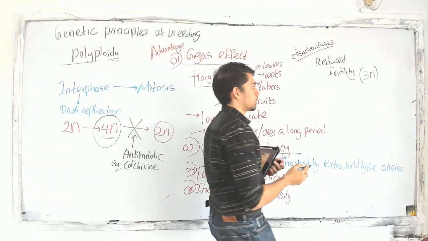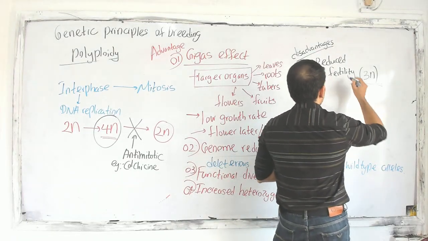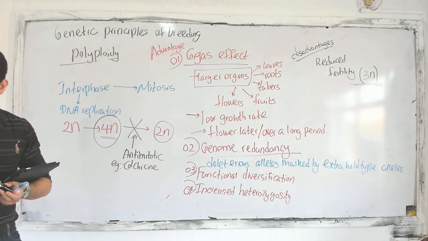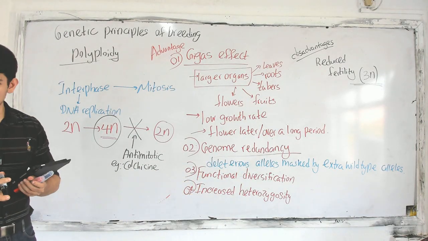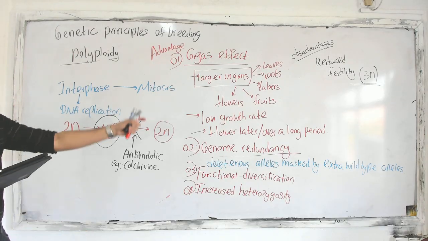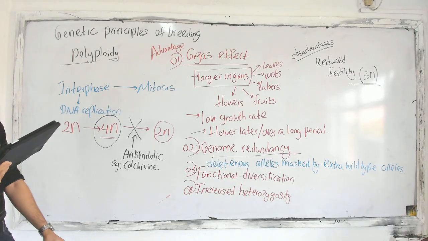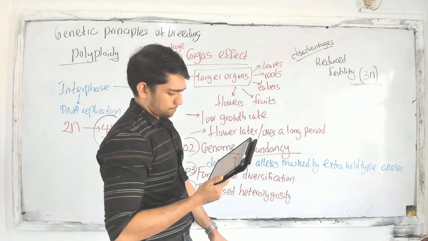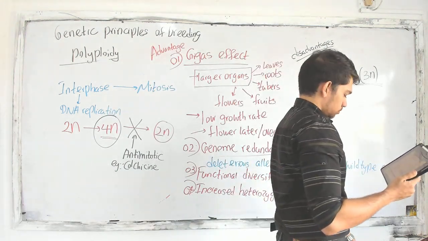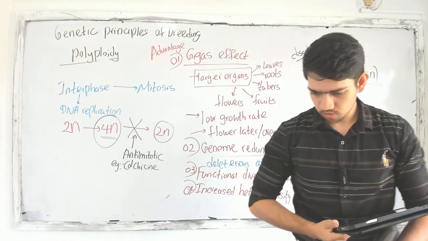So if it becomes an odd number like this, then fertility reduces again. They can't produce nice gametes. Odd numbers. An example is given in your resource, the triploid watermelon. Right?